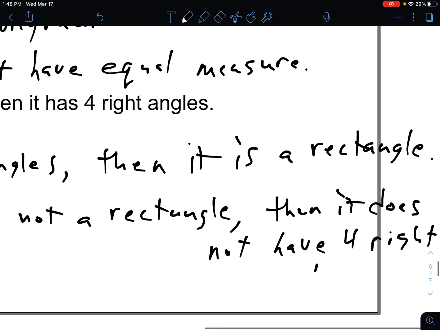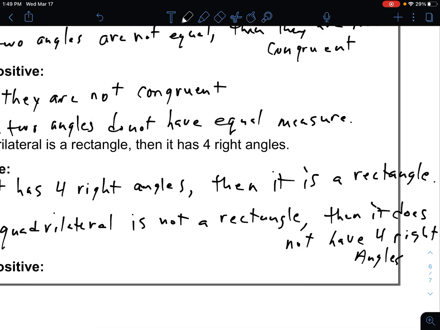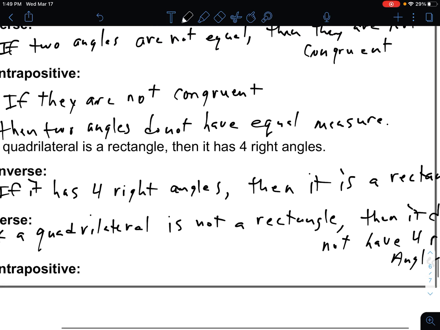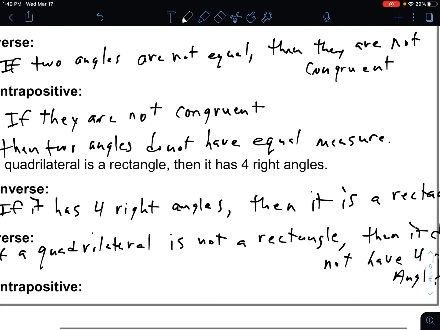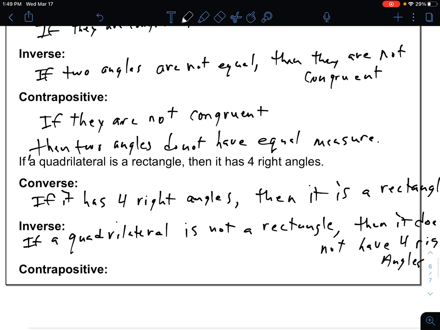Well, again, interpretation-wise, if it's not a rectangle, then it can't be a square, right? So is that a true statement? Yeah. If a quadrilateral is not a rectangle, then by definition it's not a parallelogram that has 4 right angles. That's a rectangle. So if it's a quadrilateral that's not a rectangle, then it doesn't have 4 right angles.